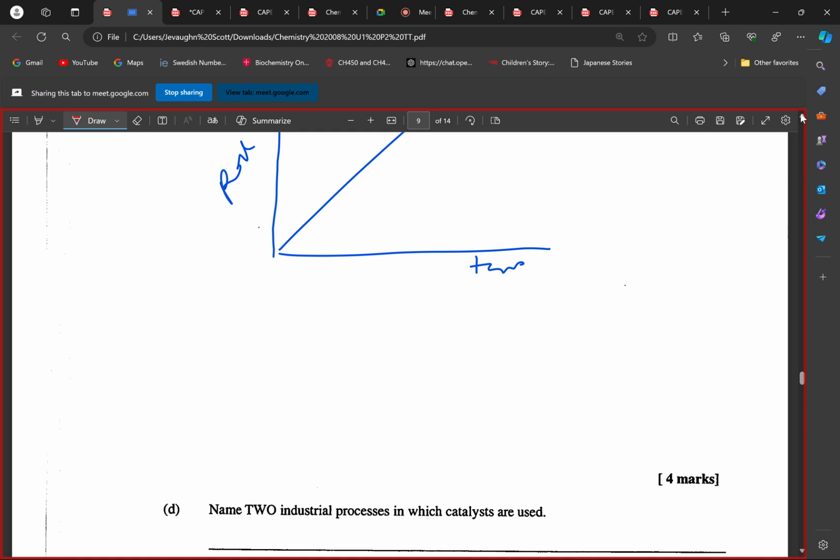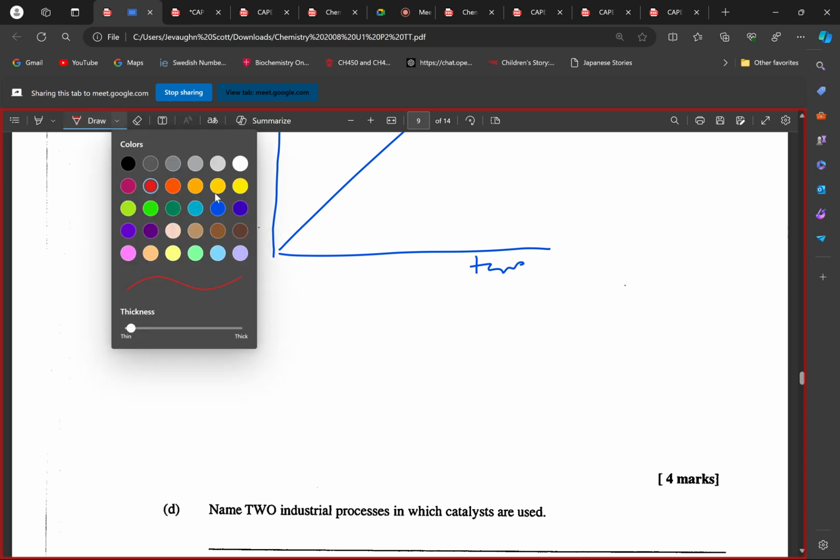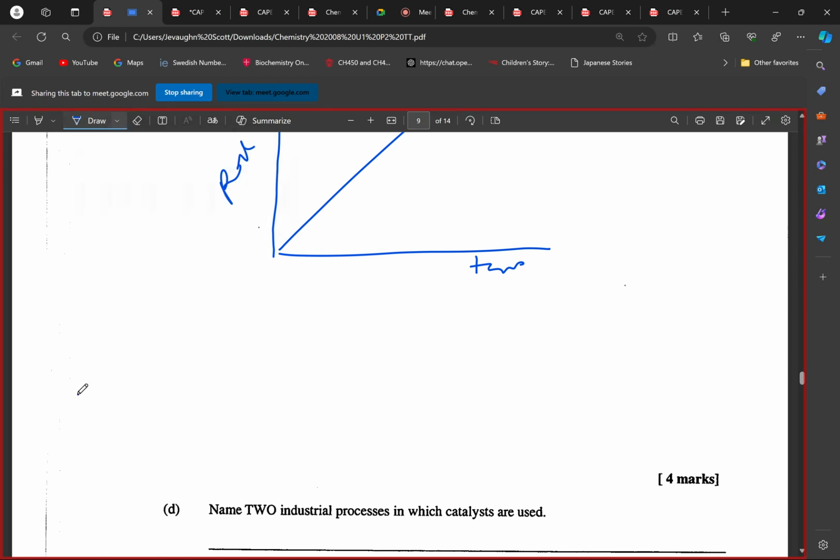How would the temperature graph look? All right, I'm not hearing anyone. Can you repeat the question, sir? I was asking how the temperature graph would look.